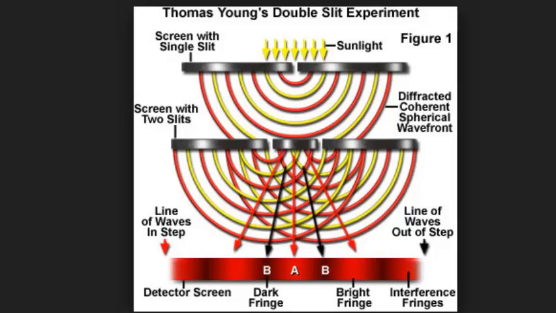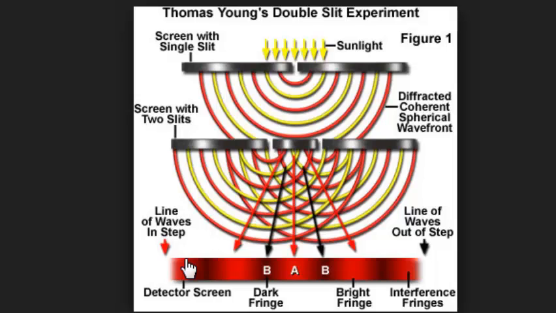And it's because of this idea of interference of waves. So here are the waves coming through the single slit, but when they go through a double slit, the waves that are going through this slit and the waves that are going through this one interact with each other. Some of them add up and make bigger waves, i.e. lighter areas, and some of them interfere with each other.